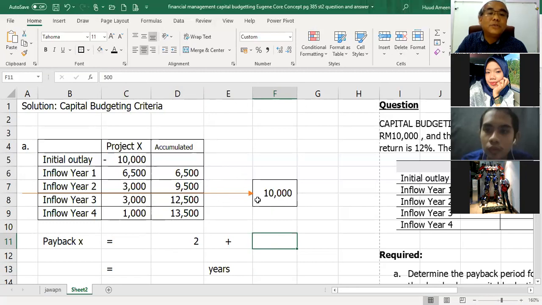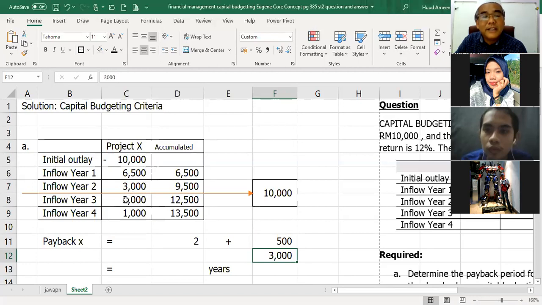You have to minus 10,000 and 9,500, then you get 500. Then what do you divide this by? What is the figure?